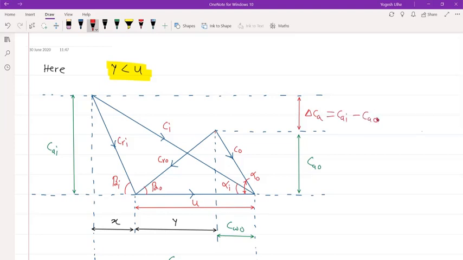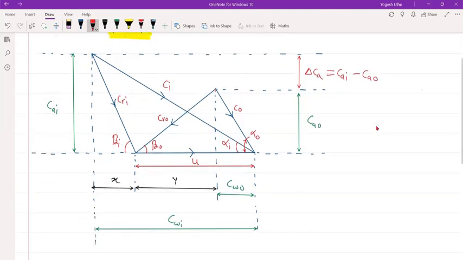But the difference here is what? Guys, what is the difference here? Here, delta CW. Try to see my point here, everyone. Delta CW is from here to here.